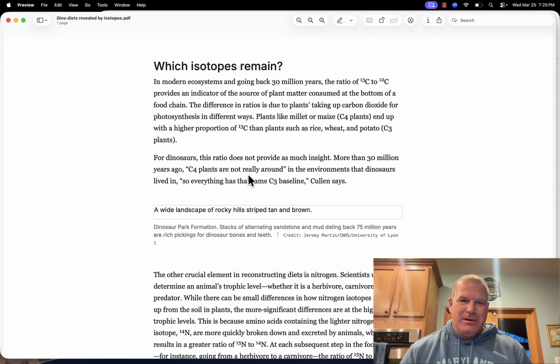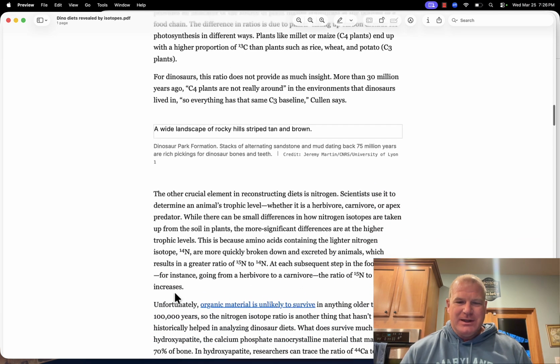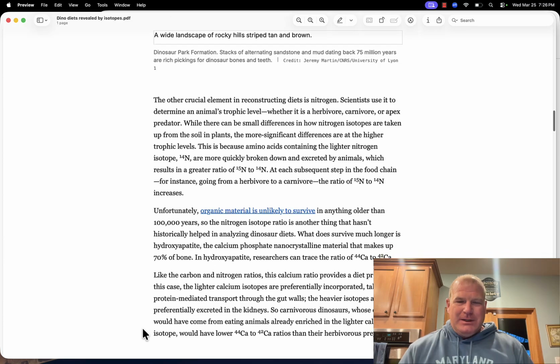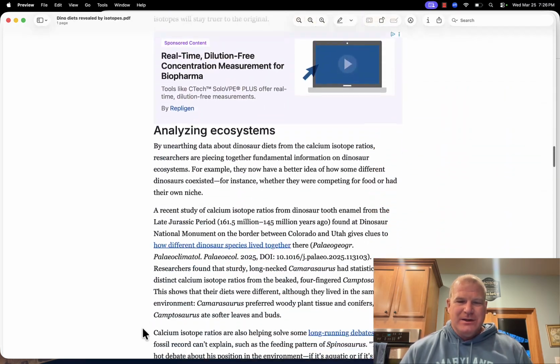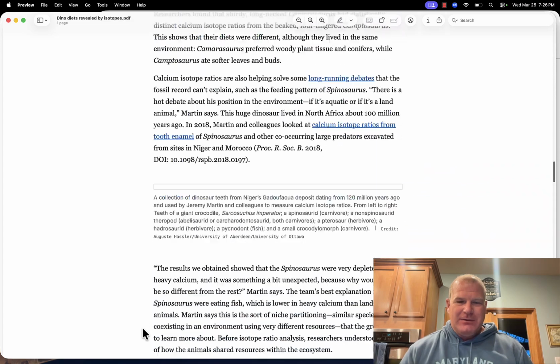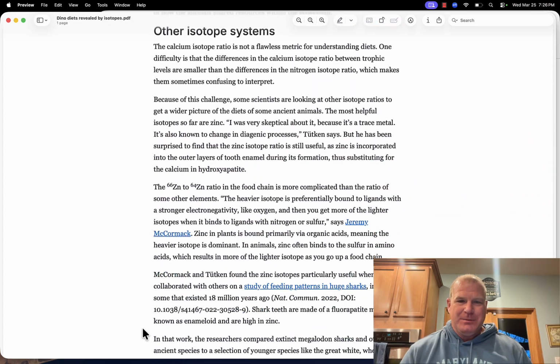But this shows you that we can tell certain things about contemporary animals, or animals that haven't been dead for as long, by things like carbon and nitrogen levels as well. But this doesn't work necessarily for the dinosaurs, so they have to go further and look at calcium.